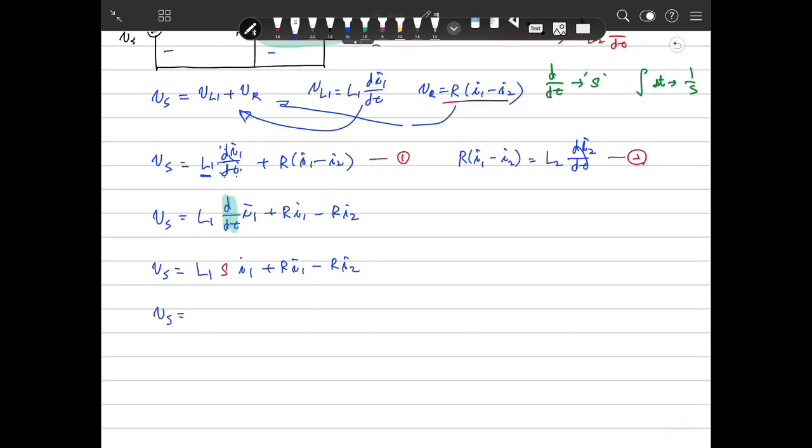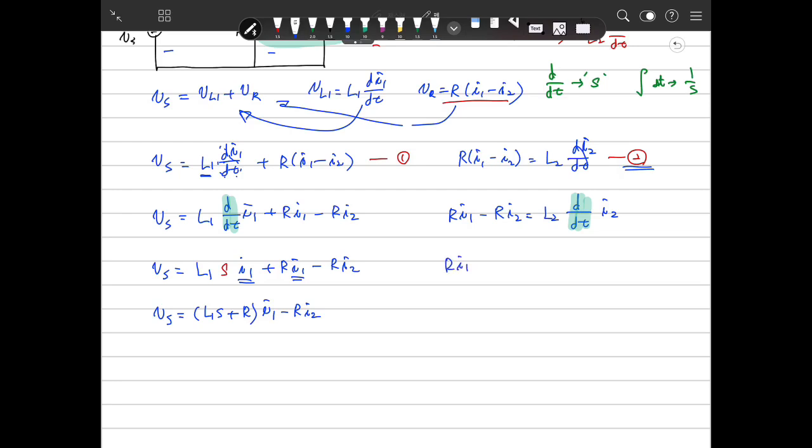Then we can simplify more. I1 is common, so Vs is (L1 s plus R) I1 minus R I2. The same way we can do it for the second one: R I1 minus R I2 will be L2 dI2/dt. In the same way, this operator can be replaced by s.